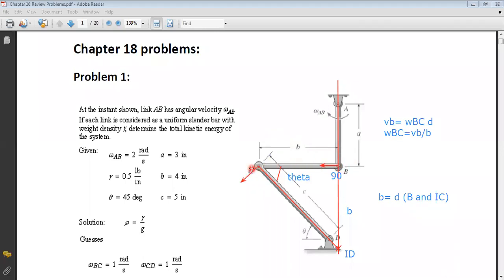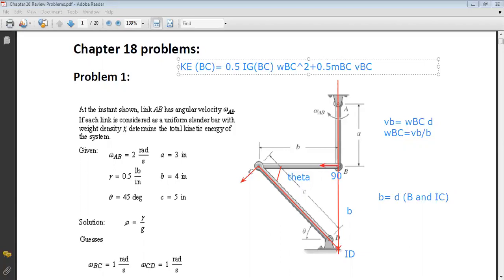For the kinetic energy of BC, I have two methods. I can say that the kinetic energy of part BC is equal to half inertia about G of BC times omega BC squared, plus, because it's a general motion, half m of BC times VG of BC squared.